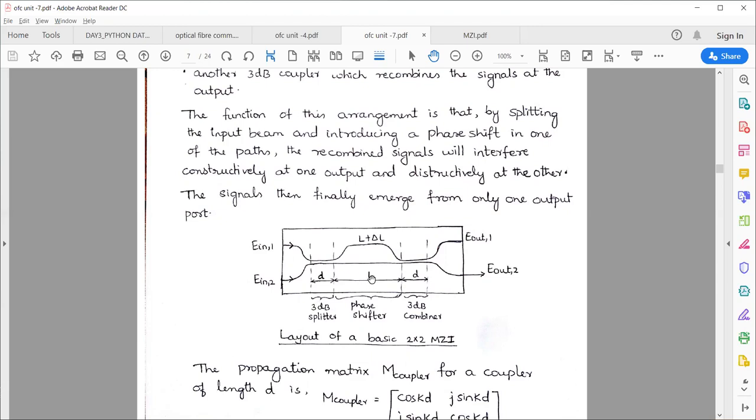In the middle stage of the interferometer, we have two arms of a phase shifter.